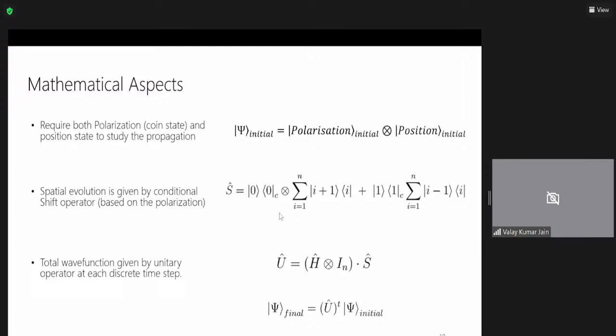Now, to calculate the time evolution, I need to take care of the unitary operator, of course, and that will be given by the Hamiltonian of the system, of course. And this is an identity matrix of n dimensions, where n is the number of waveguides. This is just to take care of the dimensionality of the system. And of course, there is the spatial evolution, the shift operator, which is responsible for the shifting of the probabilities, the tunneling of the photons, the change of probability densities in the waveguide lattice.